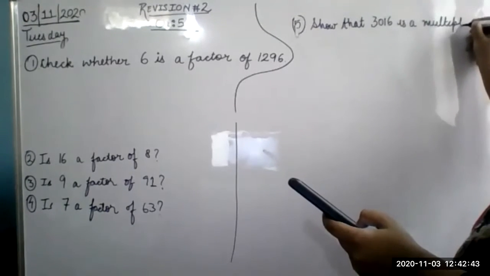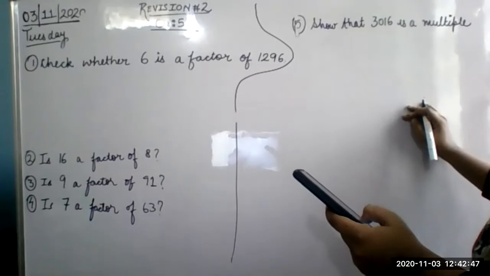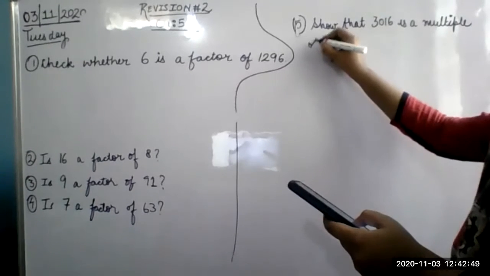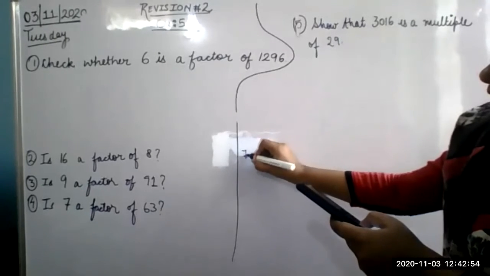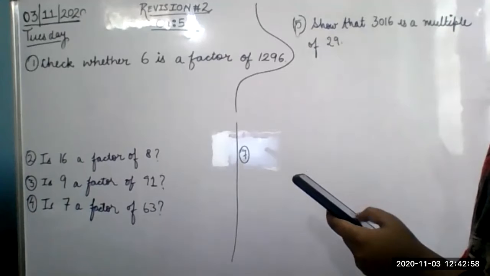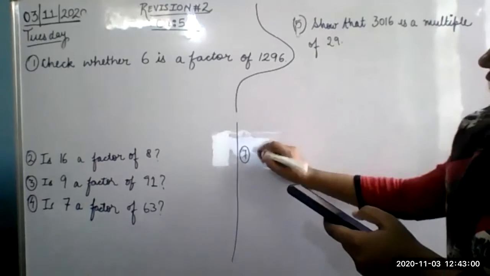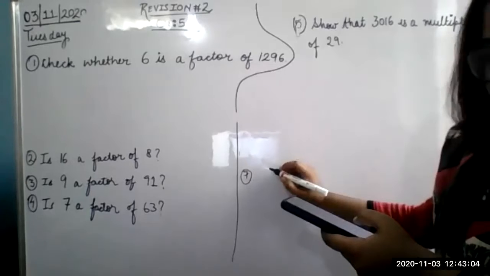Ma'am, in the first one, we have to do divide. Obviously, yes. How can you find out whether this is a factor of it or not? How can you find it out without dividing?